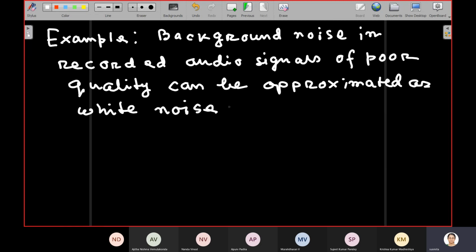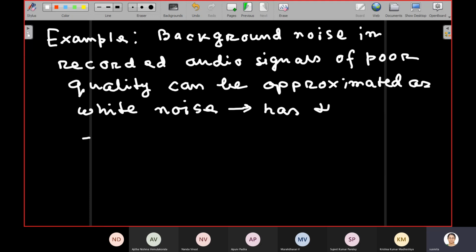So if you play such recorded audio signals which do not have good quality, you will hear some hissing sound in the background. That hissing sound, which appears to be some sort of noise, background noise, can be modeled as white noise. And in this particular case, this white noise has the entire frequency range of audible signals.